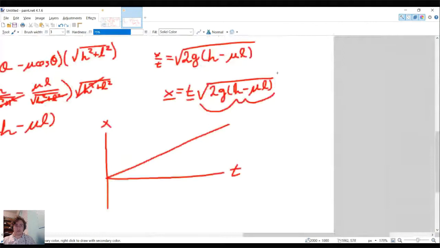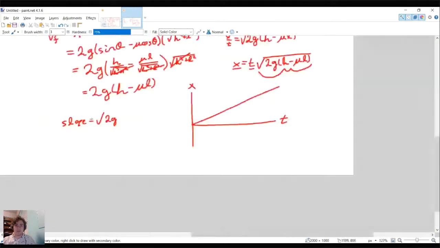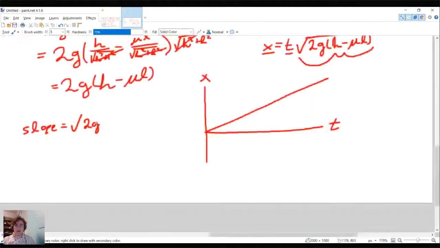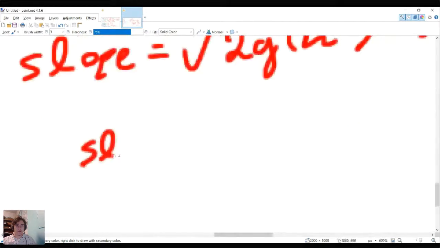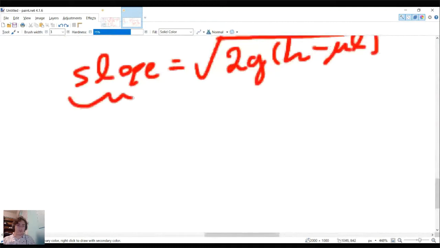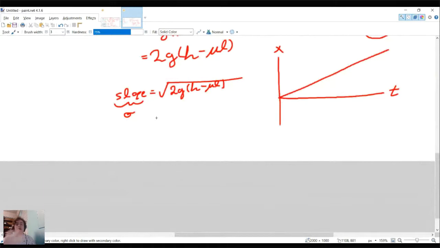Slope is equal to square root 2g times (h minus mu L). So the square root of the slope, we'll define this as the Greek letter sigma, because sigma is slope.